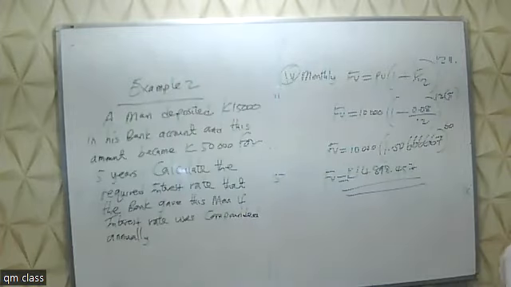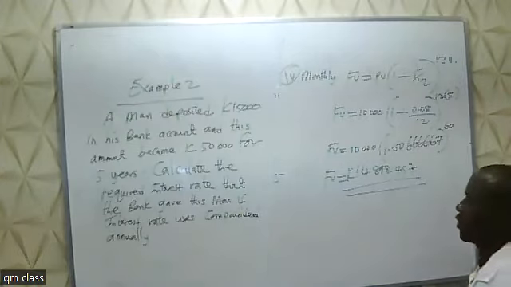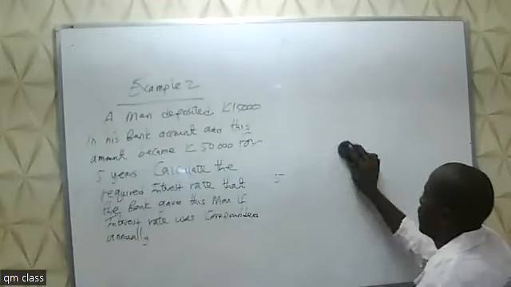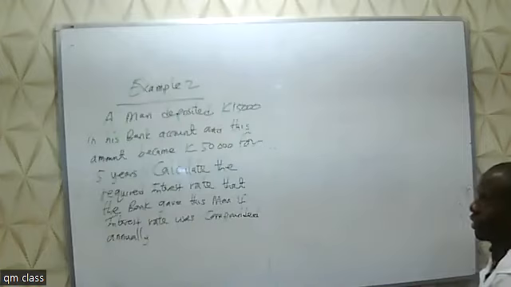So here, what are we looking at? This man made a deposit of how much? 15,000 kwacha in his bank account, and this amount became 50,000 after 5 years.